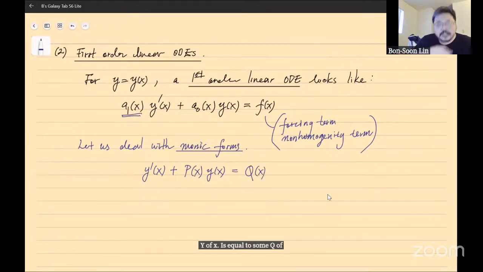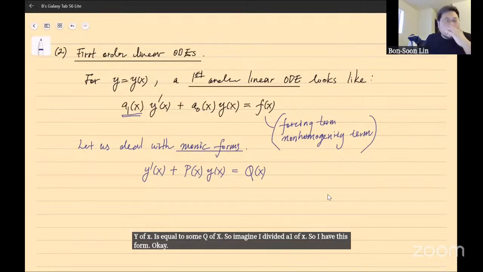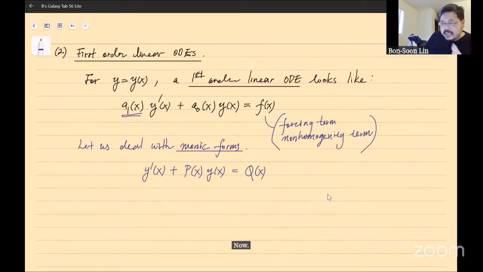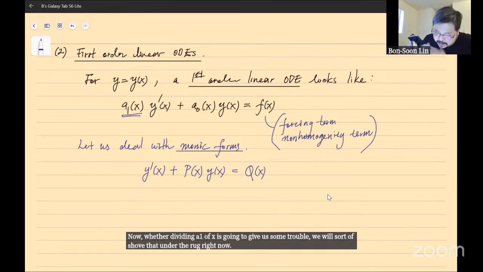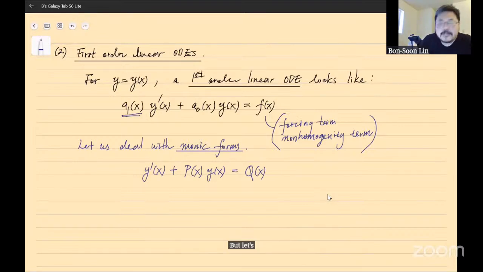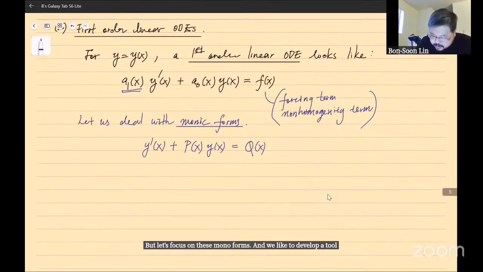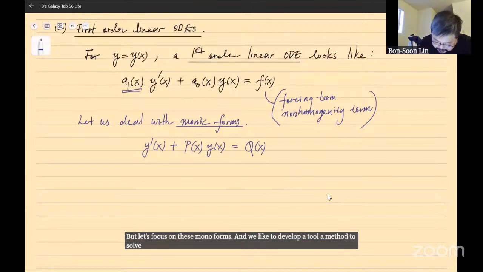So imagine I divided by a1 of x, so I have this form, okay? Now, whether dividing by a1 of x is going to give us some trouble, we will shove under the rug right now. But let's focus on these monic forms, and we'd like to develop a tool, a method to solve all of this once and for all.